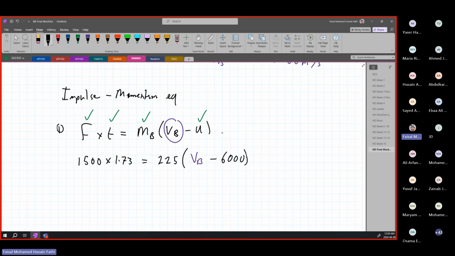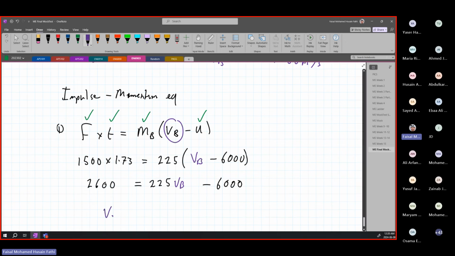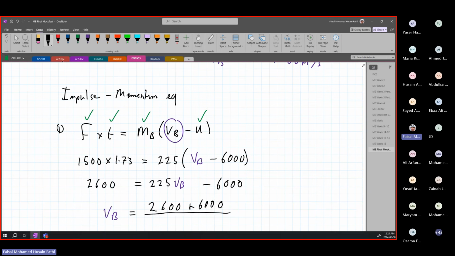So simplifying this, you're going to get 1,500 times 1.73, which is 2,600, is going to be equal to 225 VB minus 600. Okay. So now we just solve for VB again. VB is equal to 2,600 plus 6,000 divided by 225.